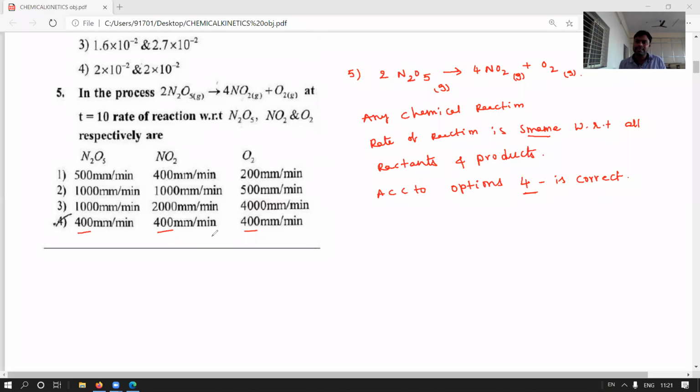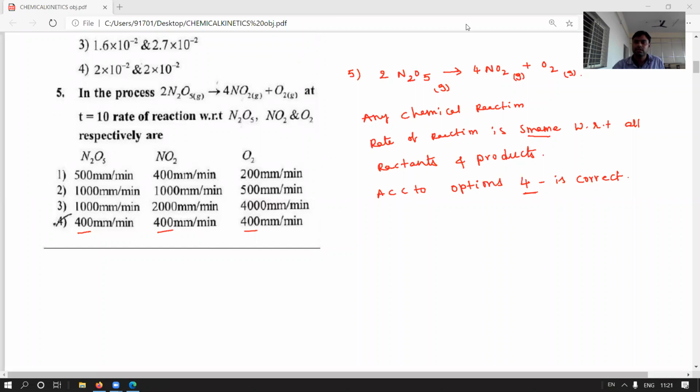In any chemical reaction, the rate of reaction will be constant at a particular time. So the rate of reaction with respect to all reactants and products is the same at a particular time. That's why, according to that statement, the correct option is the fourth one.